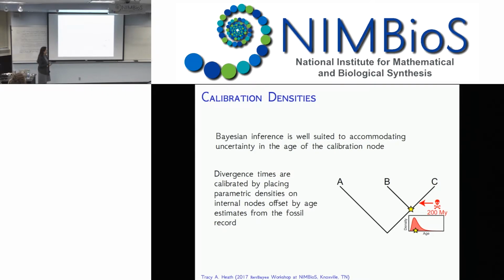And usually we might be able to say, you know, this fossil falls within the crown group of B and C. And by crown, I mean it's descended from the most recent common ancestor of B and C. We might be able to say it is a sister lineage to C. And given that, we know that it's descended from the most recent common ancestor of B and C, and then we can assume that this most recent common ancestor cannot be younger than the fossil that's descended from it.